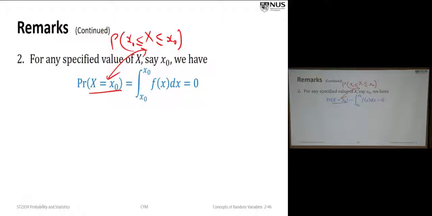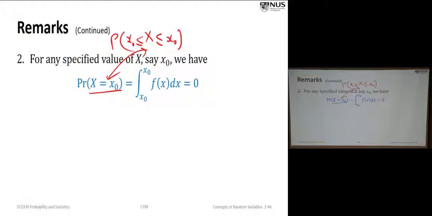But what does it mean? For a continuous random variable, the chance that the random variable takes a particular value is 0. That's how we interpret it. For example, your height. To me, it's a random variable. It depends on which person I select. But let's say we measure your height. So how tall are you?